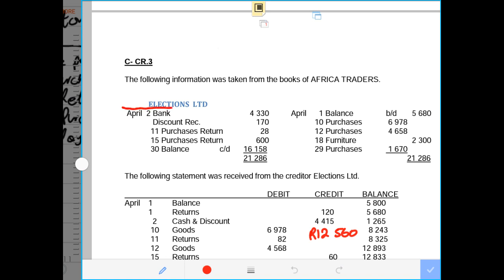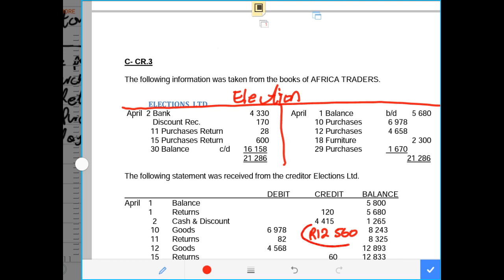So now, what does this error mean, or how will this error be recorded in the ledger account of Election Ltd? So now we are making a payment. In other words, the credit mistake would have been on the debit side, because when we make a payment, our creditors will have to decrease on the debit side. This will be 12,560. That's what this will mean.